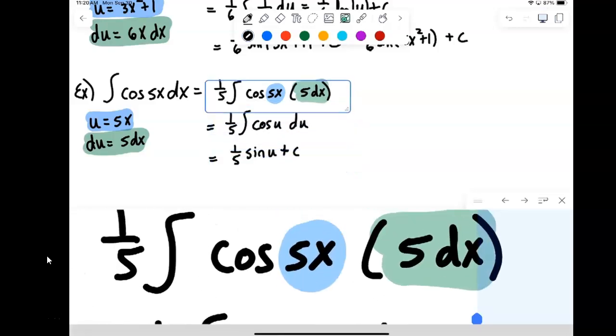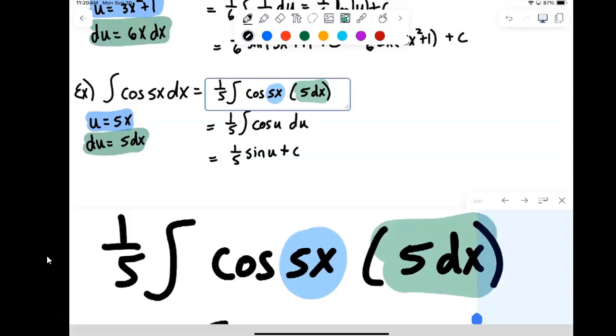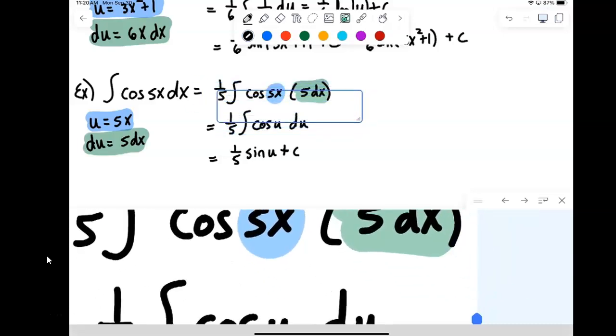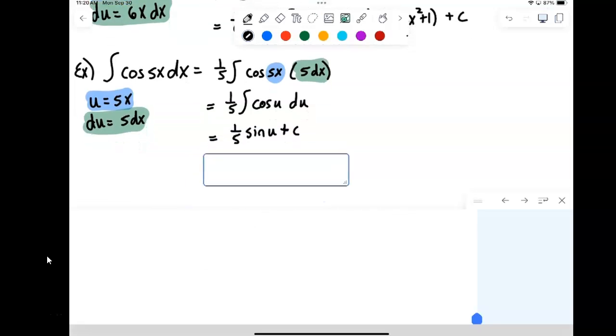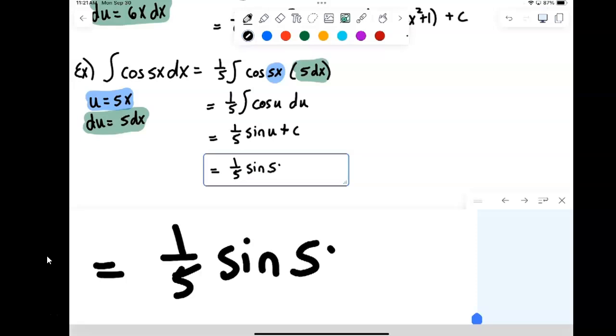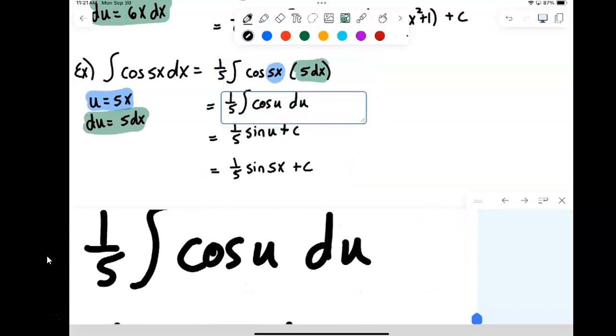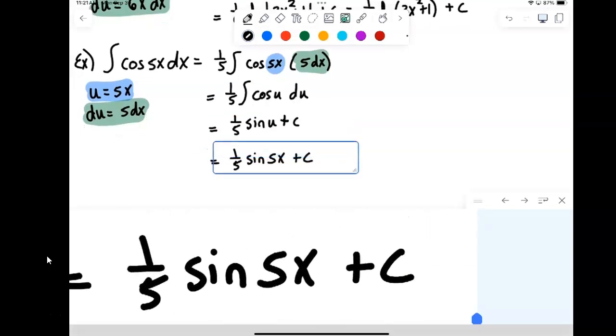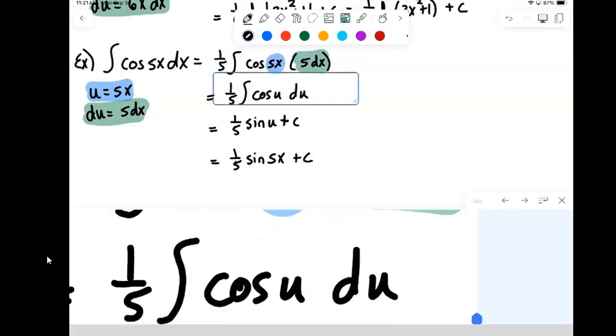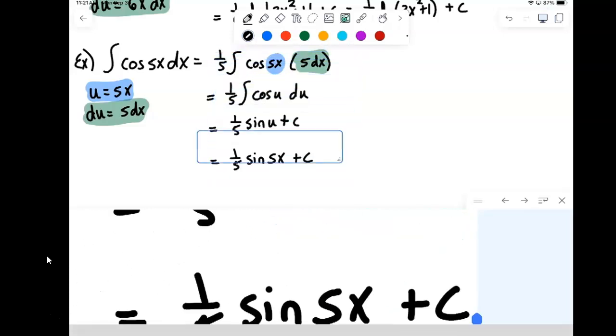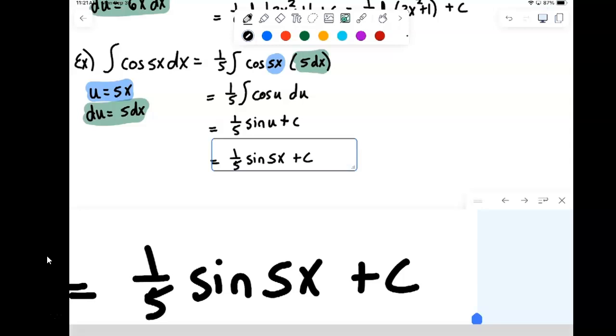By doing it this way, once you are comfortable with this, you can actually cut out these two middle steps and jump right to the answer 1/5 sine 5x plus a constant. All right, so once you're comfortable, realize this is going to be cosine u, the antiderivative of cosine is sine, then 1/5 sine of 5x. All right, and we're able to make that transition. So cutting down some steps, once you're comfortable with that.